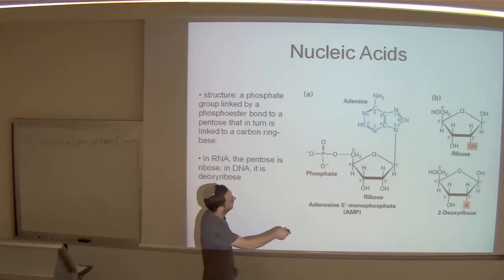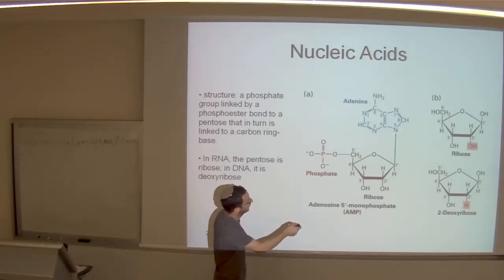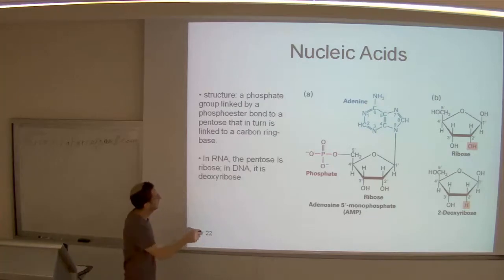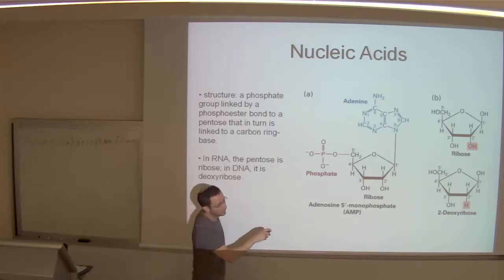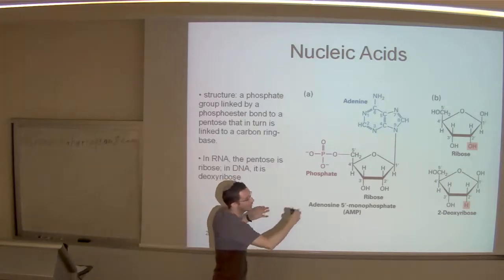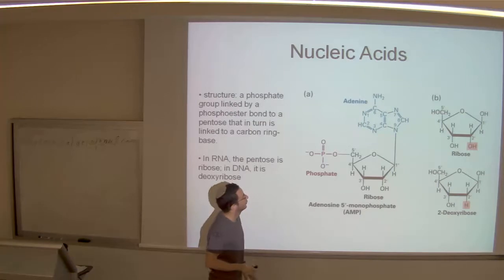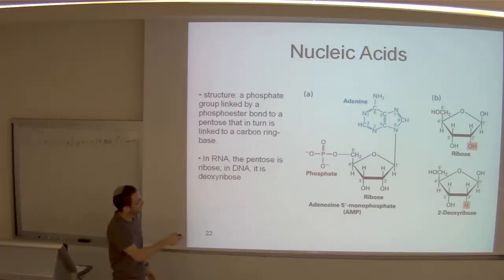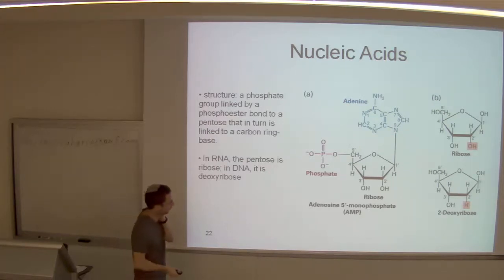And then a link via a nitrogen to a ring structure, which is also referred to as a base. We call it the ring base. And this, in blue, is the variable part between different nucleotides. So in this example we have adenine, which is one of the nucleotides, and we will still see the other 4.